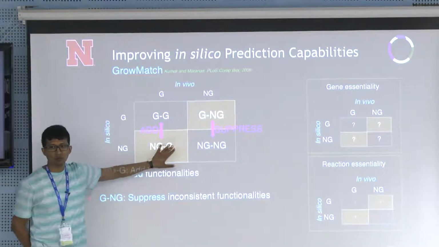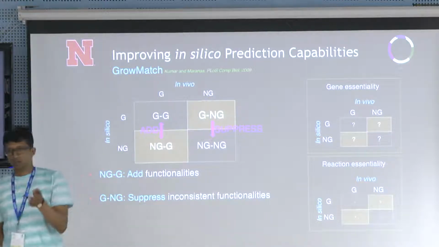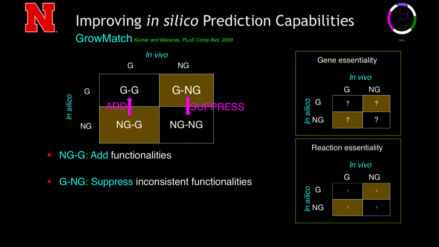So what I am basically saying, let us say for a specific gene, you know that if you take that gene out, experimentally your organism can grow, but your model shows no growth. That means your model is missing some functionalities. Your model might miss a reaction. You can add the reaction. As soon as you add the reaction, then the model will grow.